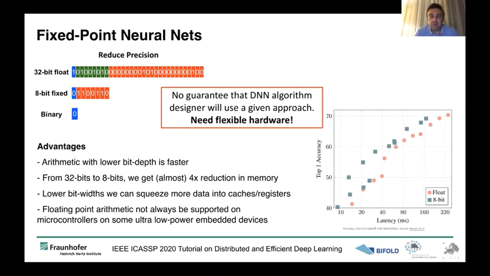It fits well to some microcontrollers or some ultra low power embedded devices. So this is one way to get some efficiency in terms of speed and memory. And often you don't lose so much performance. If you go to 8 bits, there is almost no effect on performance in many cases.